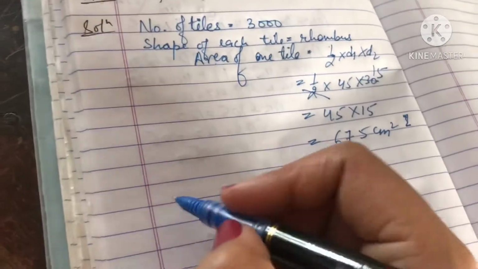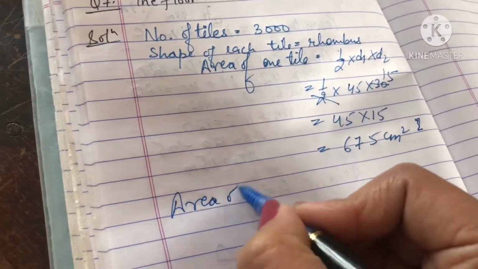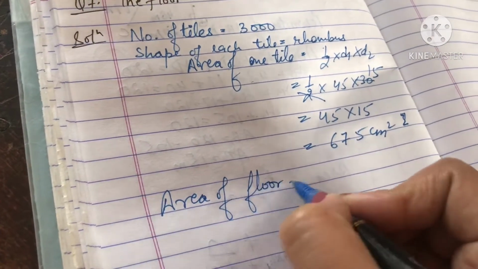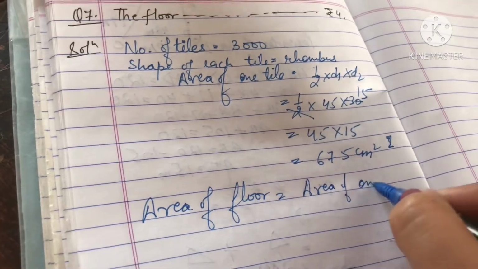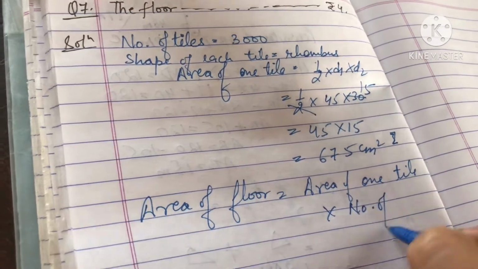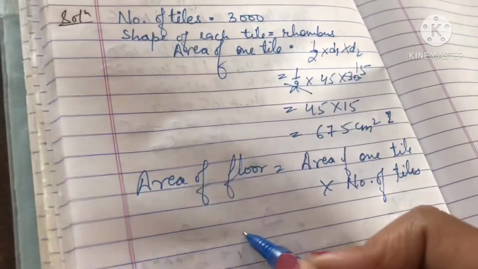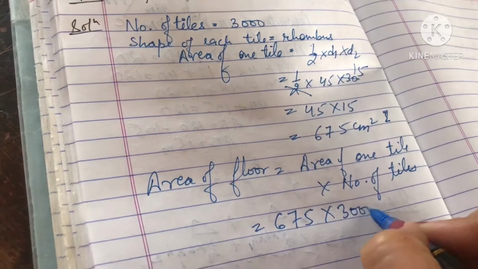Now how many such tiles are there? That will give us the area of the whole floor. Area of floor is equal to area of one tile multiplied by number of tiles. The area of one tile is 675 into there are 3000 tiles.